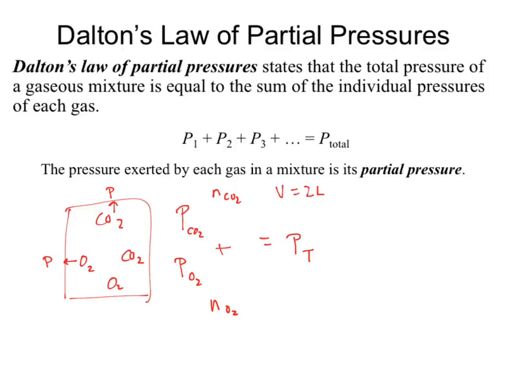What is the total pressure for the system? Well, you'd have to calculate the pressure for CO2 and the pressure for O2, and then you would add those two values with each other. So you may have to break it down into separate equations or separate solves. You'll end up having to solve for the pressure for each of the independent ones first and then add it all together.